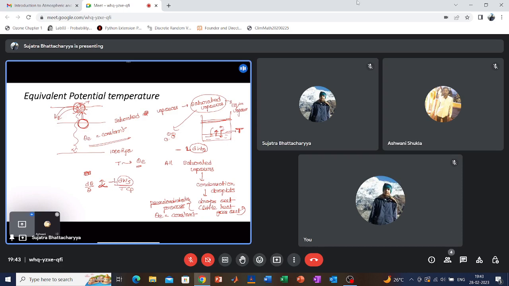When the saturated vapors are decreasing, negative times negative makes it positive, d theta increases, and the potential temperature increases. So this is another point: potential temperature increases. Fine. So this is the concept of equivalent potential temperature.